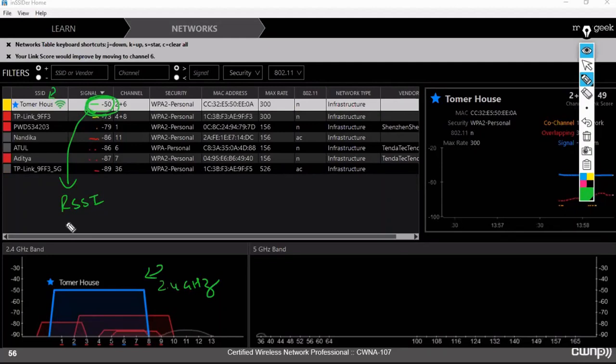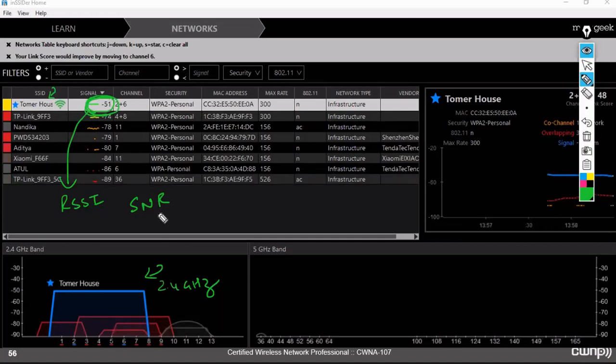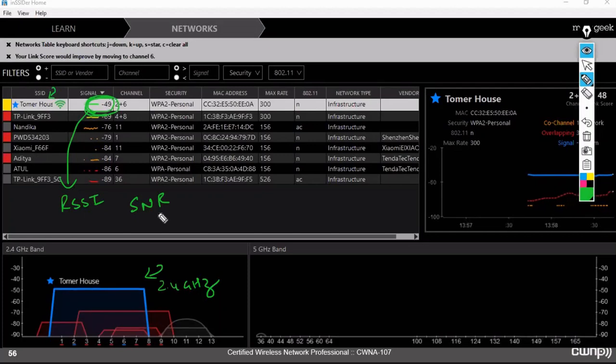You have to concentrate on RSSI, and you have to concentrate on SNR, signal to noise ratio. Because in organizations, some users complain that they are receiving bad connectivity, that they are not able to download or upload. The received signal strength indicator is a vendor-specific measurement of signal strength.